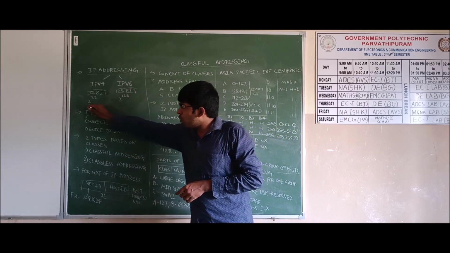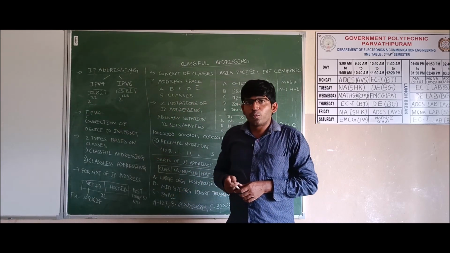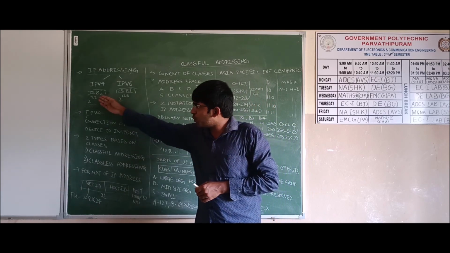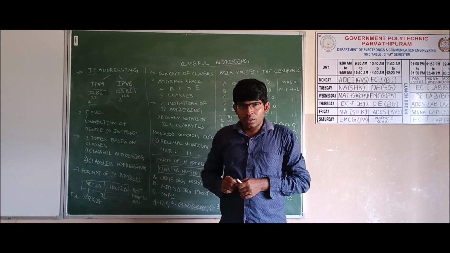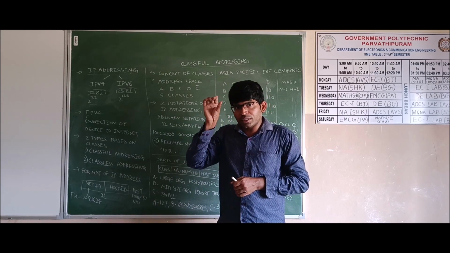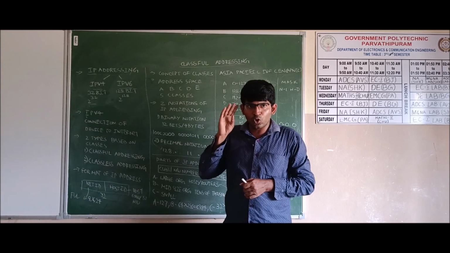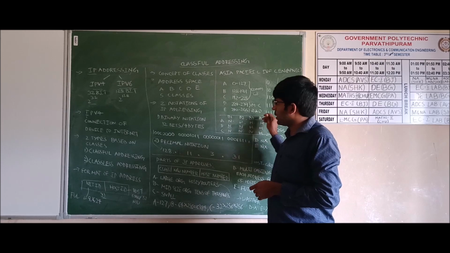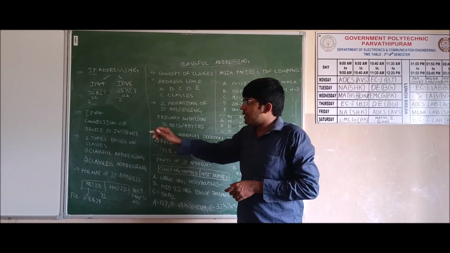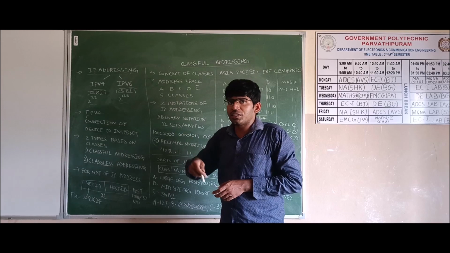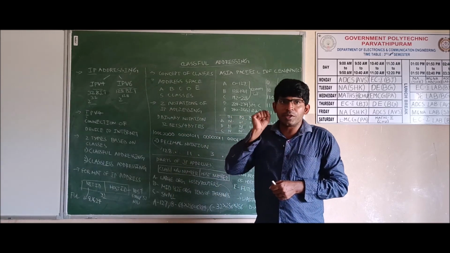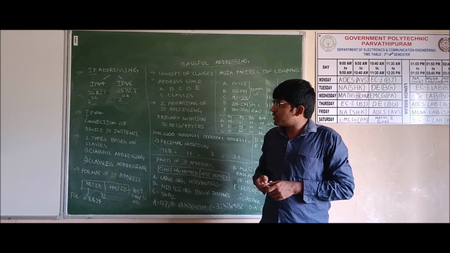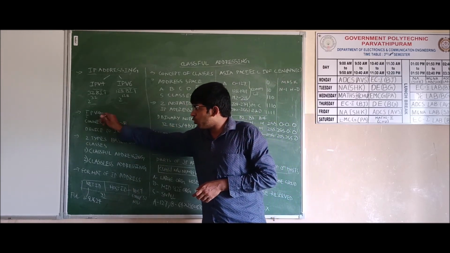With IPv4, we can give 2 to the power 32 addresses because it is a 32-bit address. We look at these 32 bits as 4 bytes: byte 1, byte 2, byte 3, byte 4. And similarly, in IPv6, we have 128 bits. Later we will discuss IPv6. Now we are discussing IPv4.